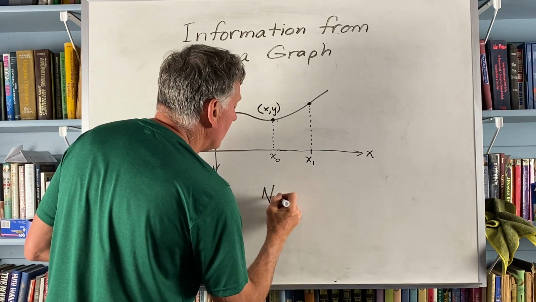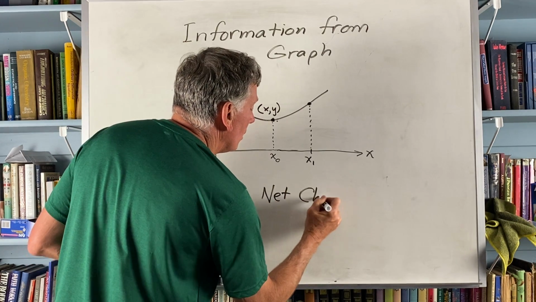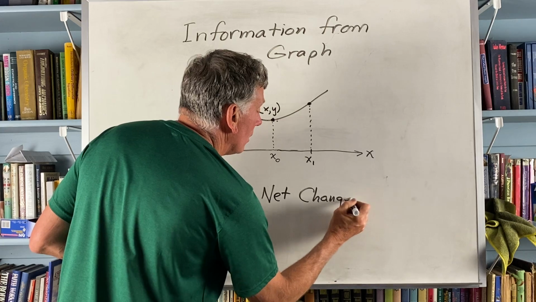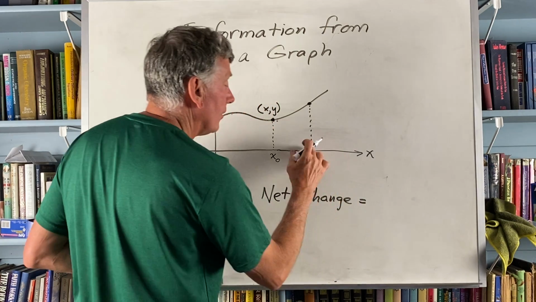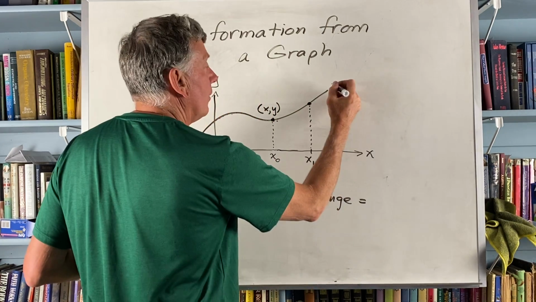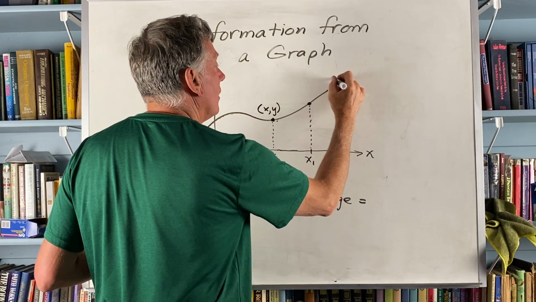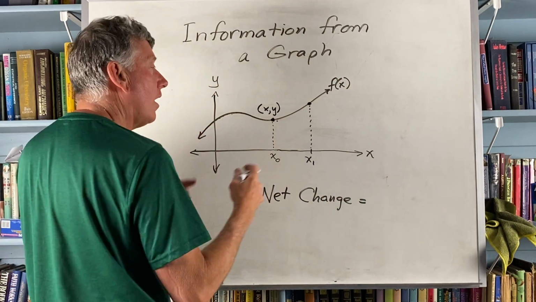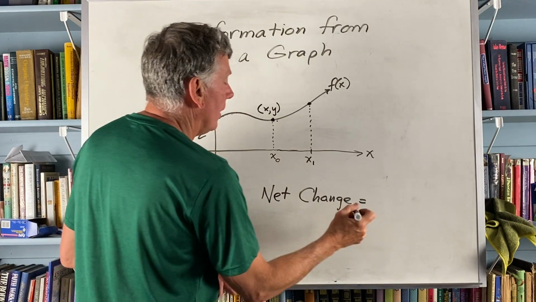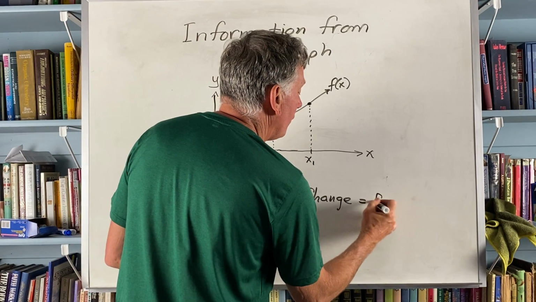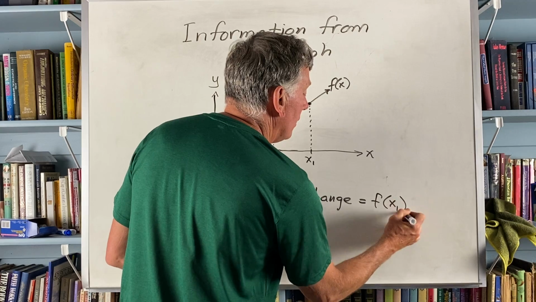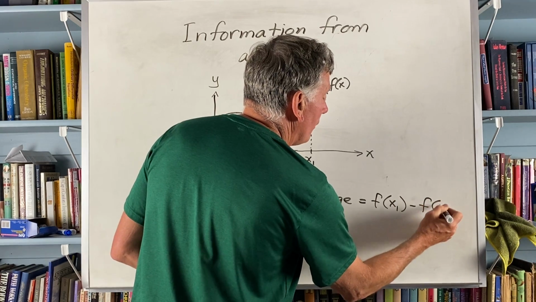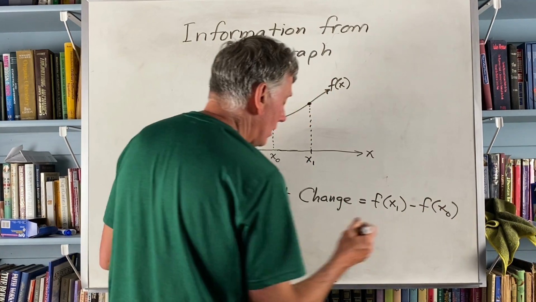Net change is the difference between, by the way, let's say that this line here is f of x, and it just goes on and does whatever. That's going to be f of x1 minus f of x0.